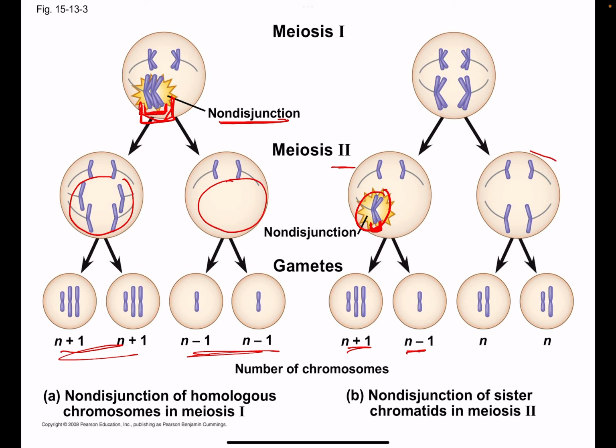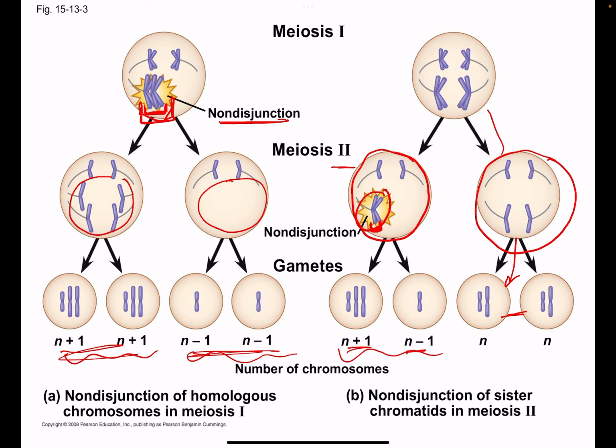Now in this example here, those would actually have the normal number of chromosomes, because this first cell went through meiosis 1 fine and it went through meiosis 2 fine. Just this one here did not go through meiosis 2 correctly. But those are going to be aneuploid here. All of the ones that I've underlined here, those are going to be aneuploidy.